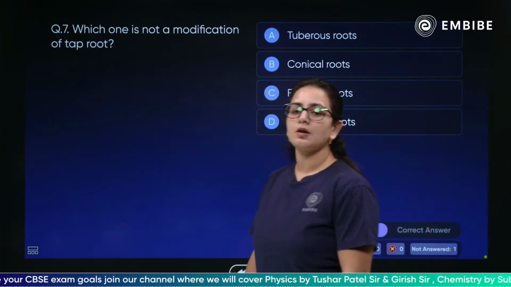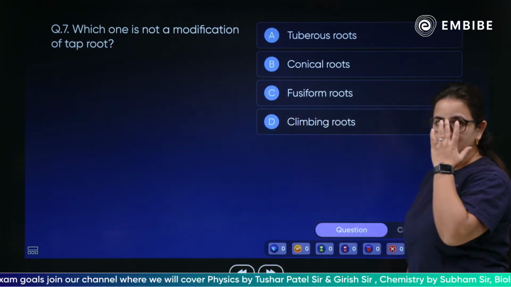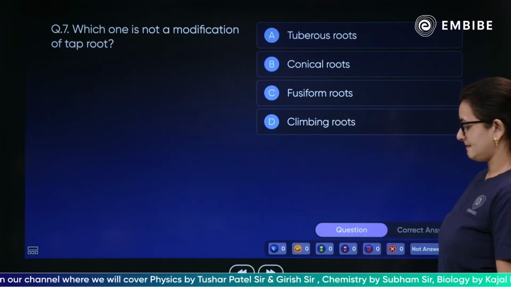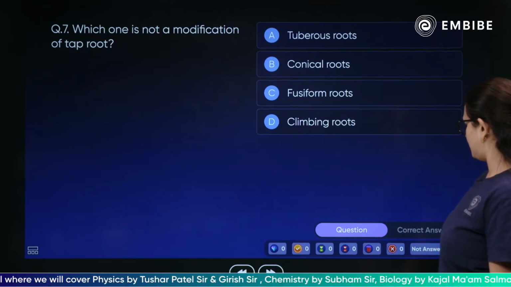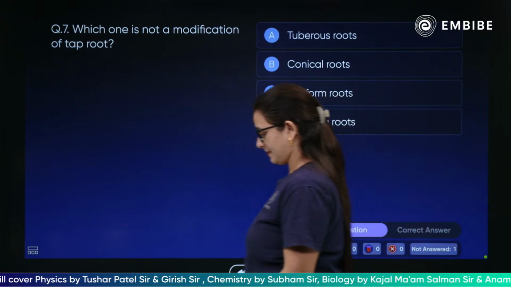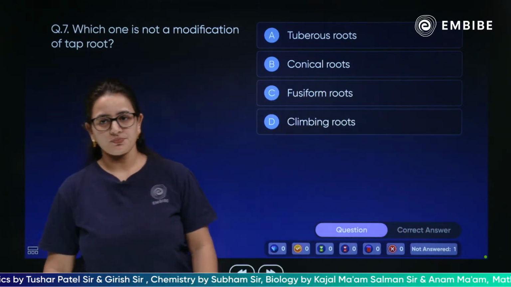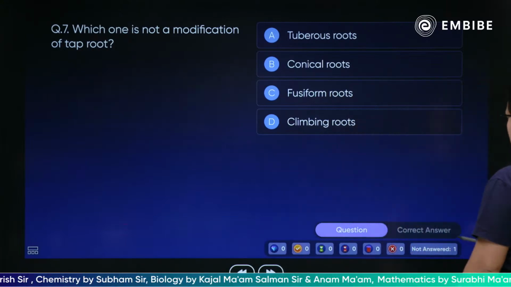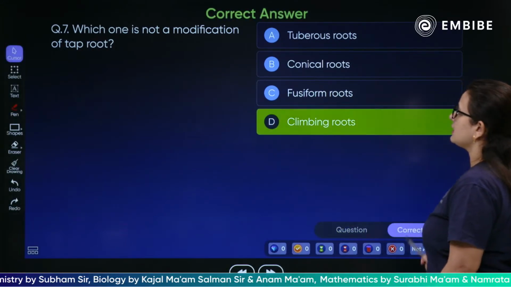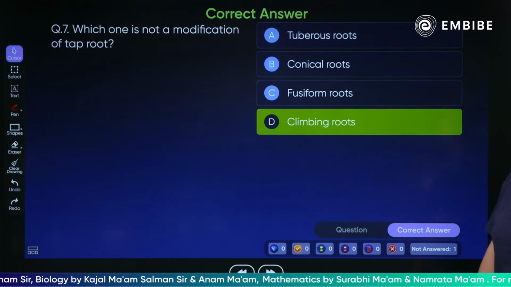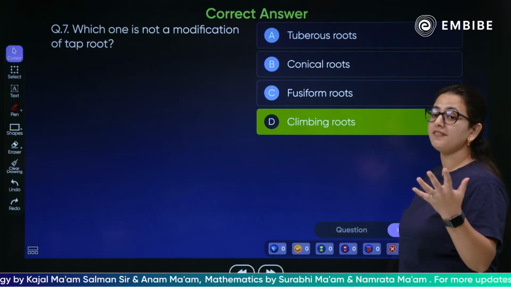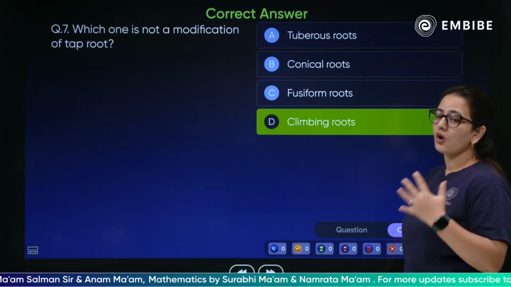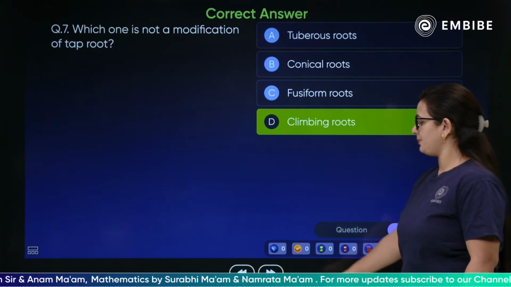Quickly answer which is not a modification of a tap root. Very simple. The correct answer is the climbing roots. The climbing roots are a modification of the adventitious roots. These are not a modification of tap root.